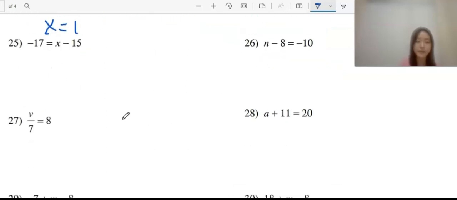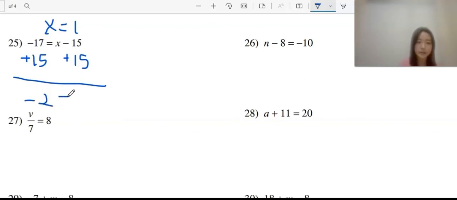Number 25. Negative 17 equals x minus 15. So 15 is subtracted to x. So if we want to undo the process so x is by itself, we will have to add it back. Plus 15. We also do it on the left side. So negative 17 plus 15 is equal to negative 2. That's equal to x.